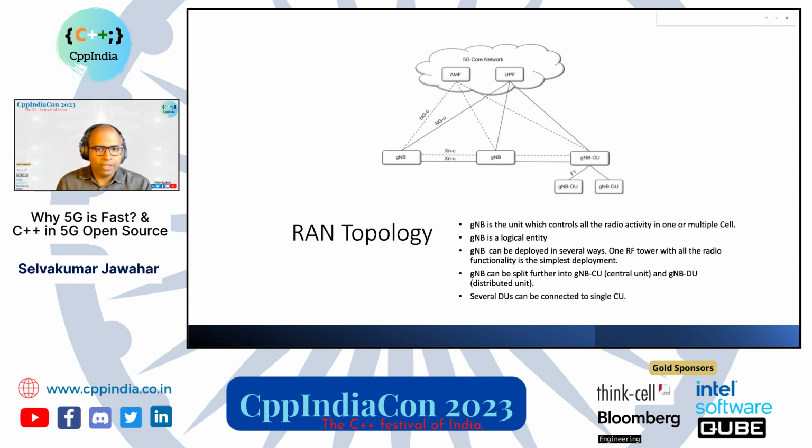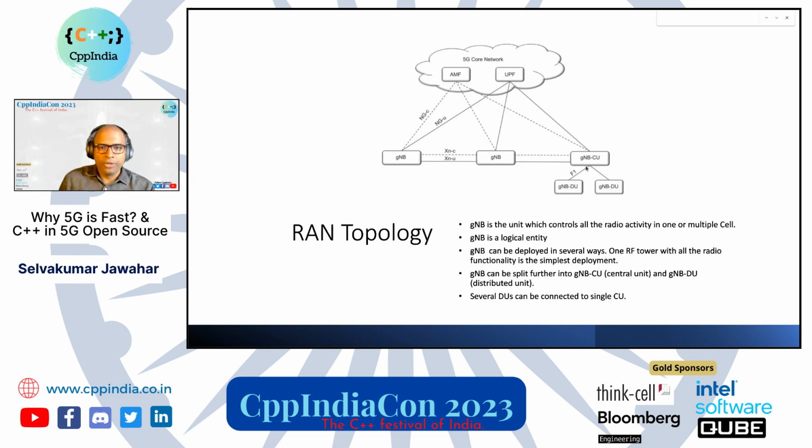That is also one deployment of GNB. When you see a 5G tower, maybe that's the GNB, with everything in there, right? The more common way of deploying GNB is splitting the GNB into two, a GNB control unit and a GNB distributed unit.